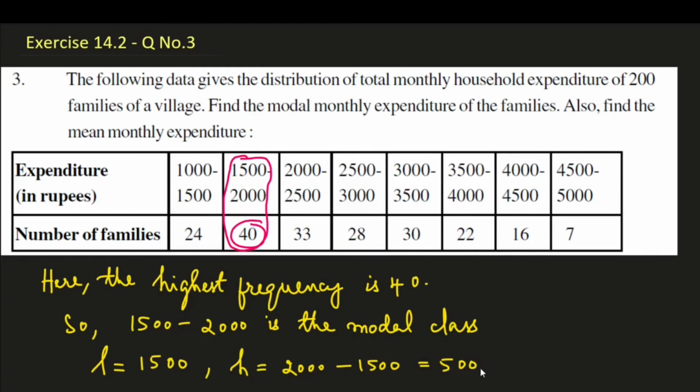Here we have got the class size of modal class as 500. Let us observe whether the class size of class interval preceding the modal class and the class interval succeeding the modal class is equal to this h value or not. So here the class size of this one is 500 and the class size of this class interval is also 500. So we can use the formula.